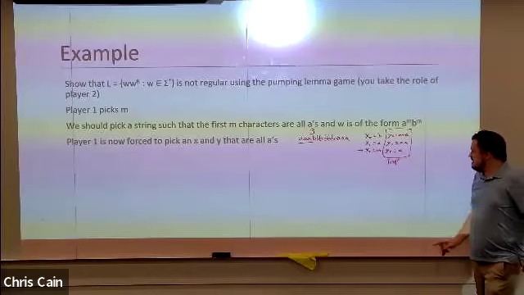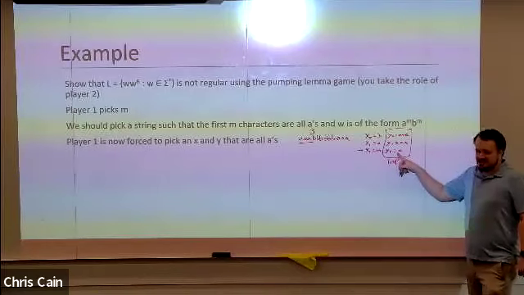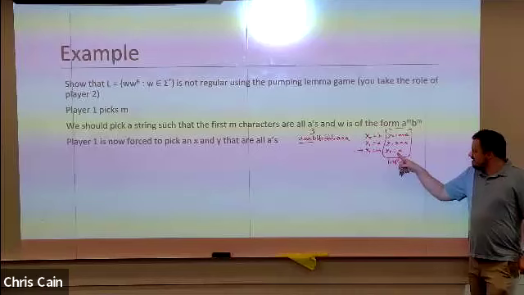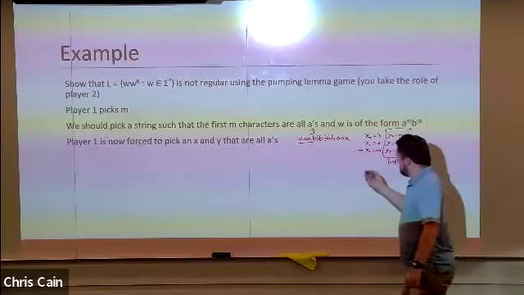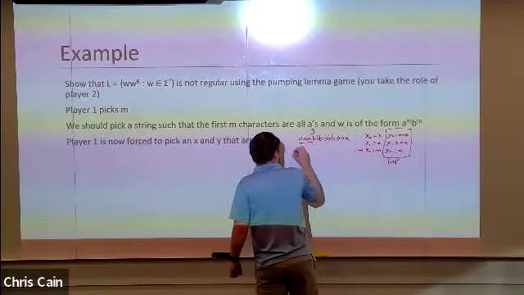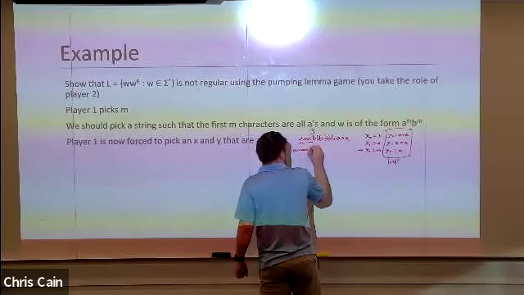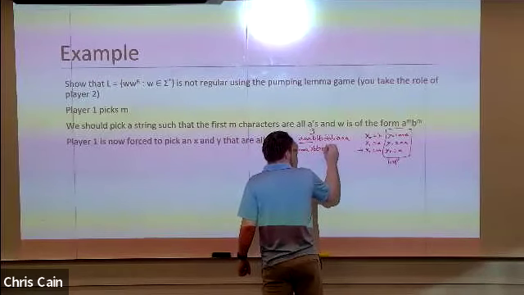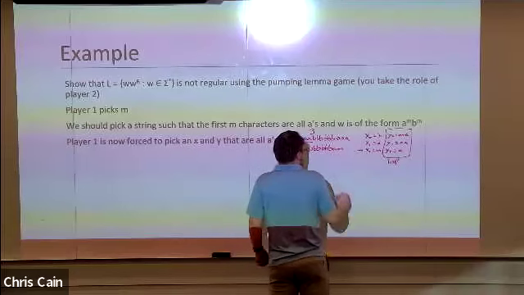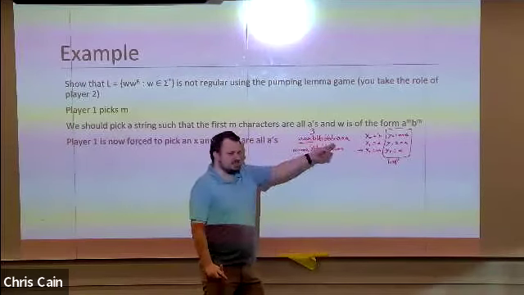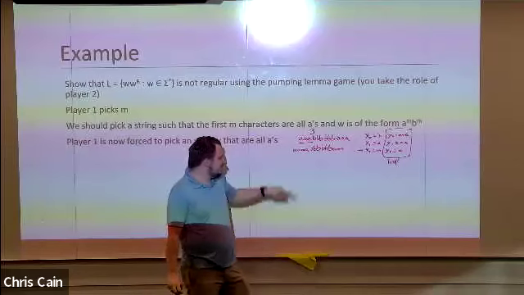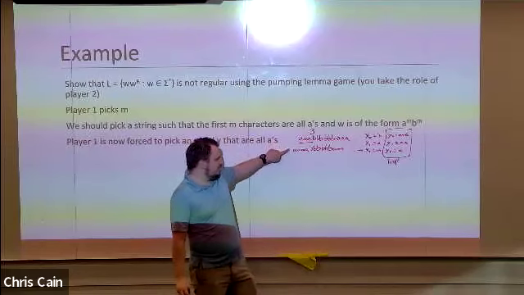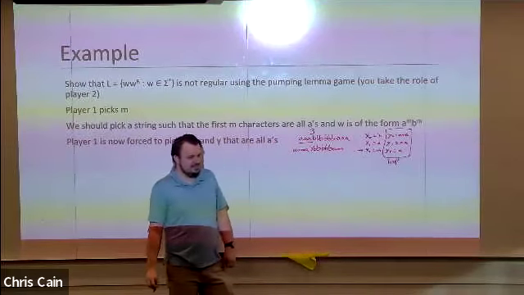Player two says, great, I'm going to pump this twice. Which gives us the string A, B, B, B, B, B, B, A. So if this string was possible to construct within that DFA, this string would also be possible according to this breakdown.